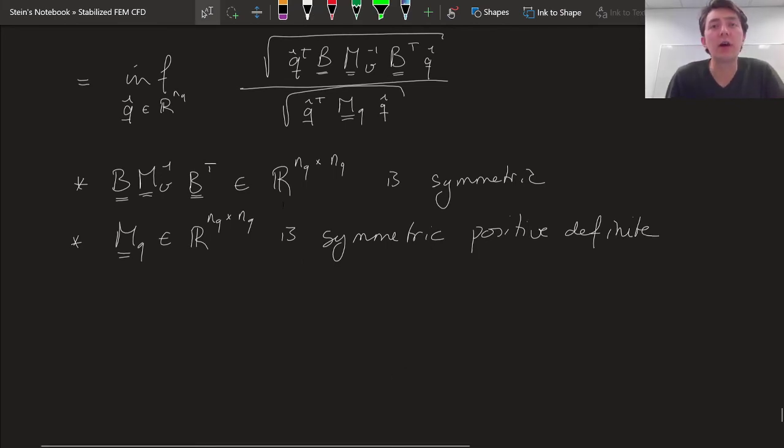So given that we have a symmetric matrix and a symmetric positive definite matrix, we can make the following statement.